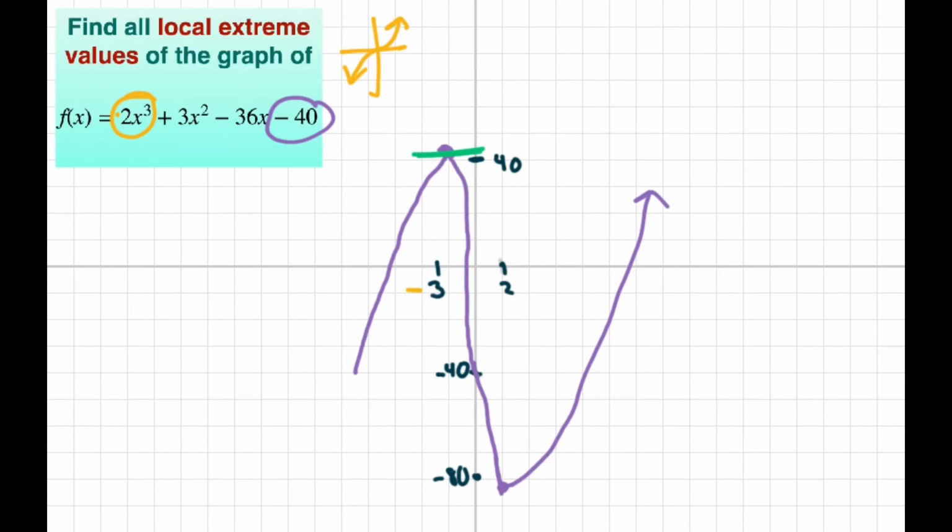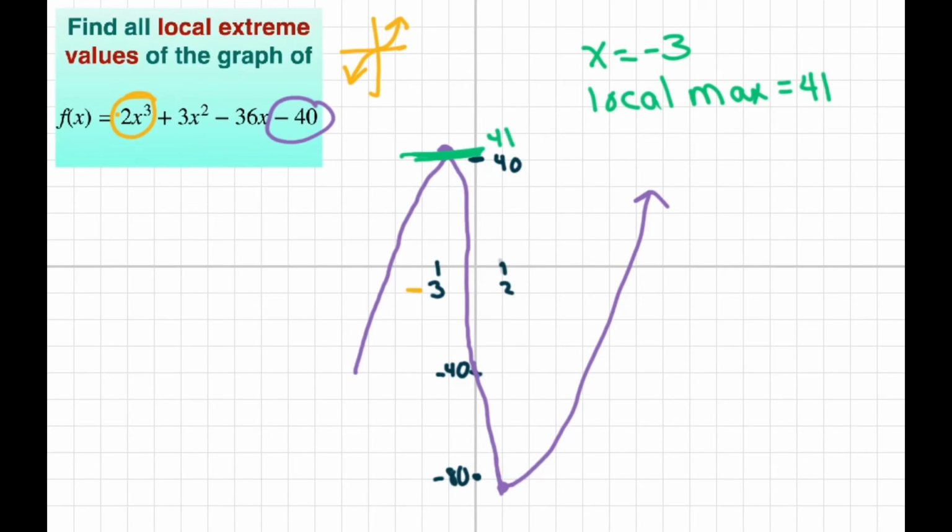This is a max. So you have your horizontal tangent here. And that means at x equals negative 3, the local max value equals 41.